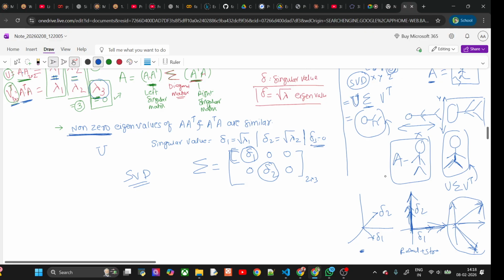For example, SVD's applications. If the camera image is there and you want to rotate that image, like you are having an Adobe photo tool where you are doing some visual effects on your photos or videos, or you are an editor and you want to do something like a rotation effect, then how can you do the rotation?